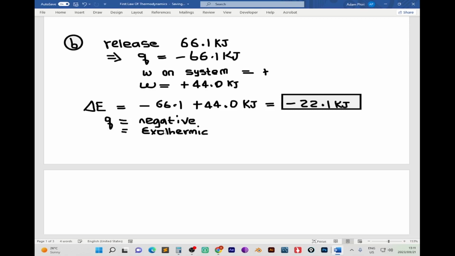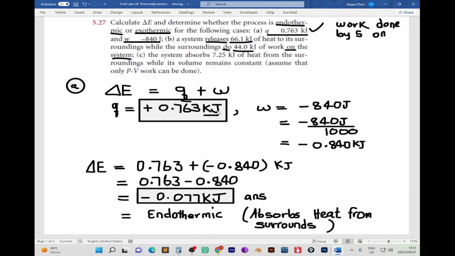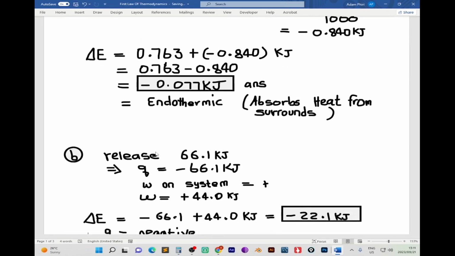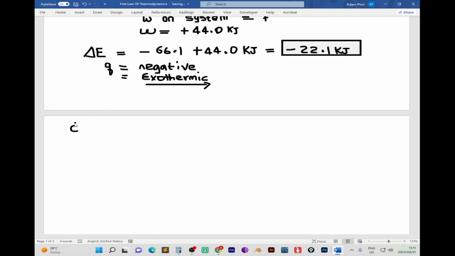All right, so we're going to do that for all the related problems. Now, as you can see, we have C: a system absorbs. Absorbing means that it's taking in, so you can guess what our Q value will be. You can pause and guess for yourself.